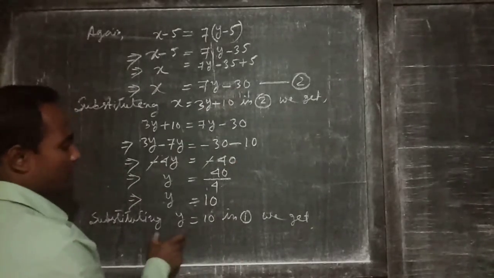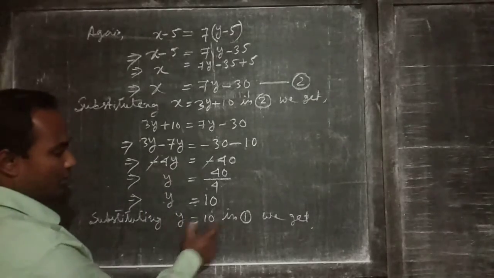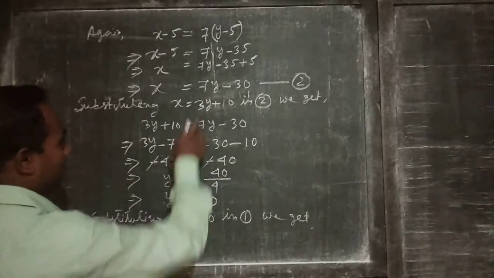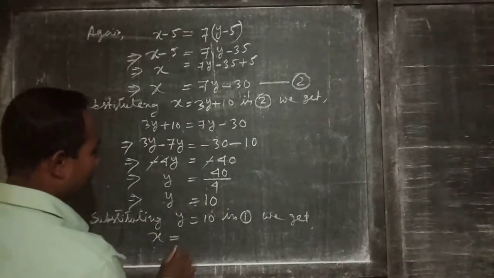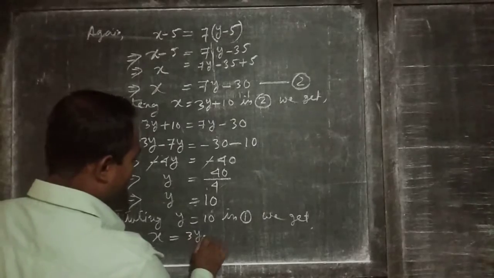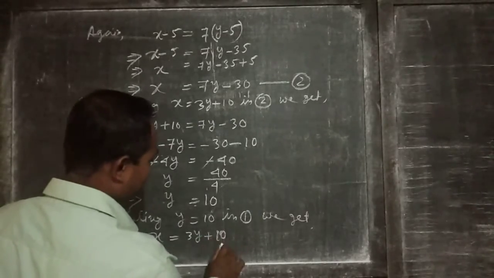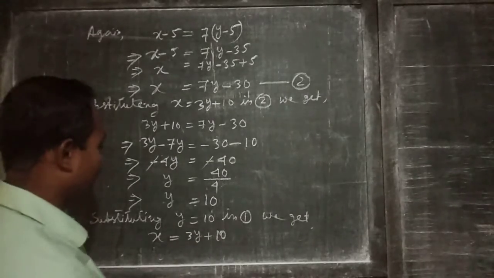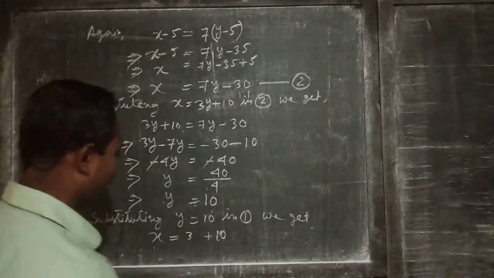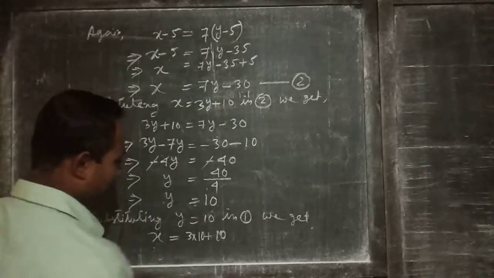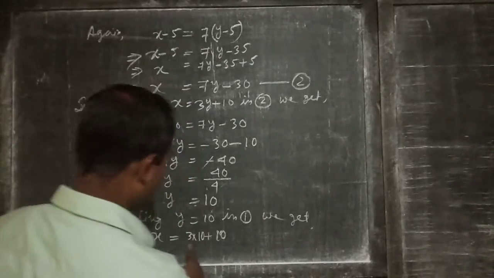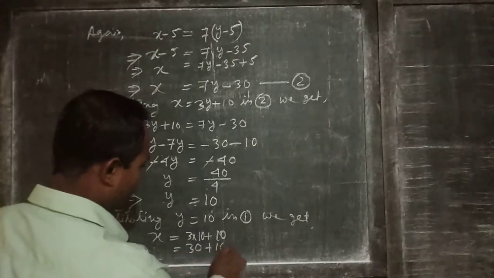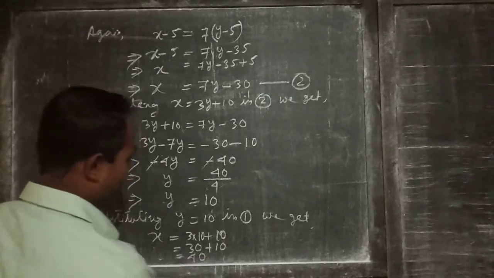Now we substitute the value of y in equation 1. Equation 1 is x equal to 3y plus 10. Now the value of y is 10, so 3 into 10 plus 10 becomes 30 plus 10, which is equal to 40.